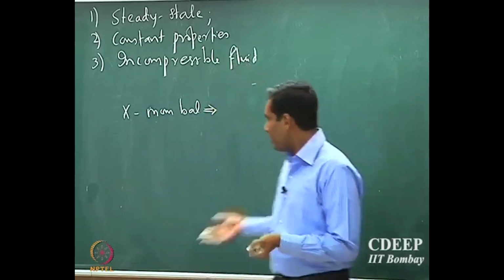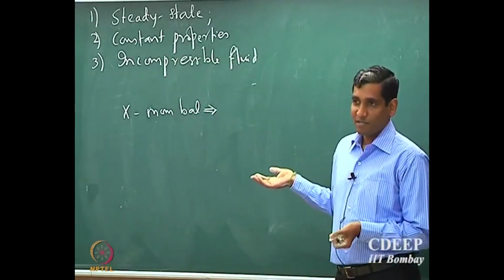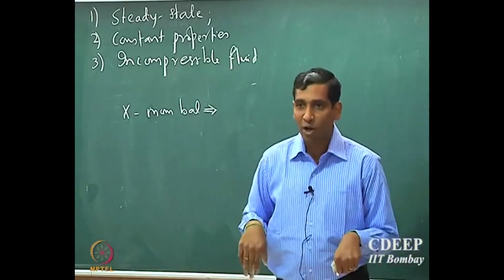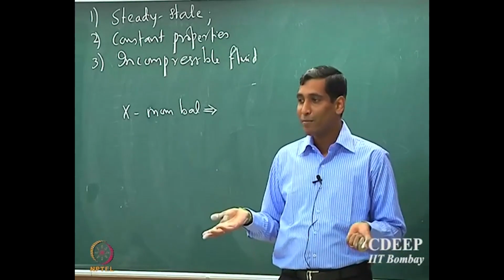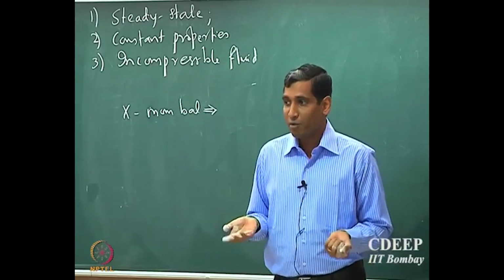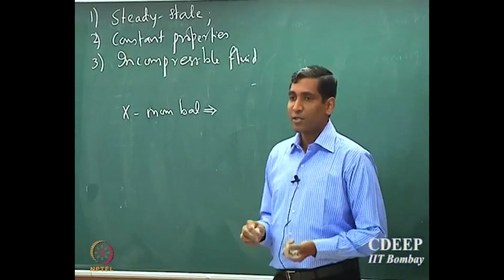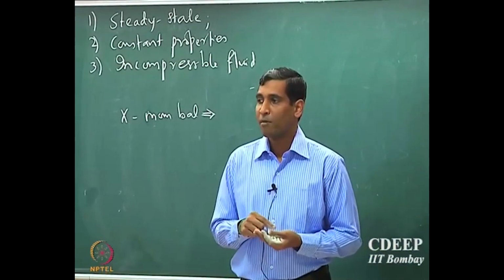Of course you can do it by writing shell balances, that's the rigorous way of doing it, but you must also know a non-rigorous way, otherwise you don't know if you made a mistake in your shell balance. So what are the different processes occurring here, let us say in the momentum balance?